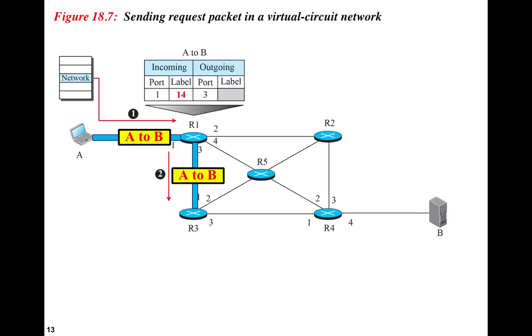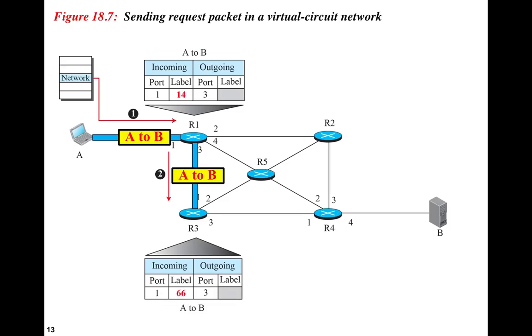R3 is the receiving router, and it will assign the incoming request packet a label 66, and it will know from its routing table that it needs to go to port number 3. And that's what's happening here. Now the packet has been forwarded to port number 3. However, again, we do not know what the outgoing label is.